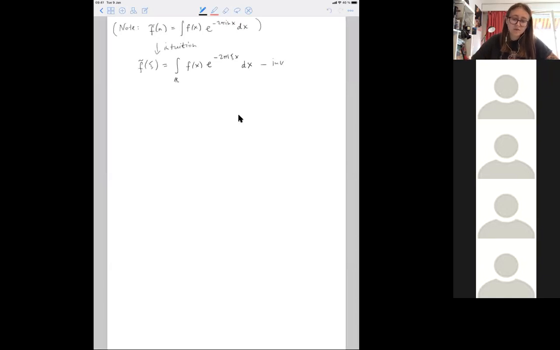And this is called inverse Fourier transform. Okay.